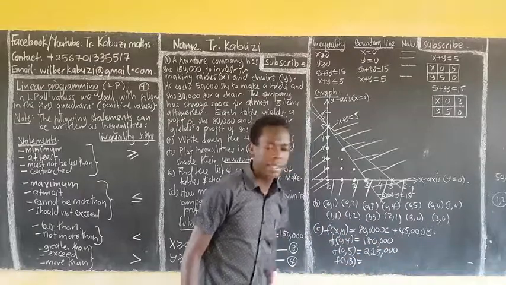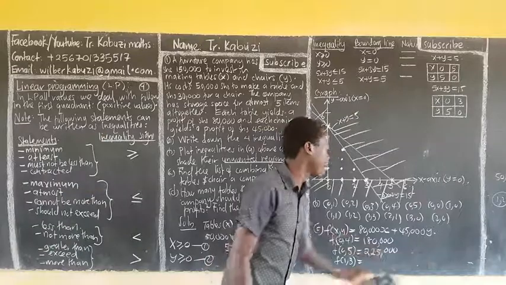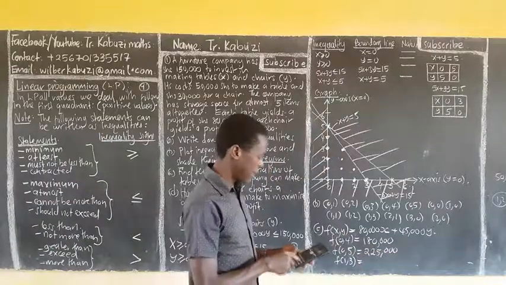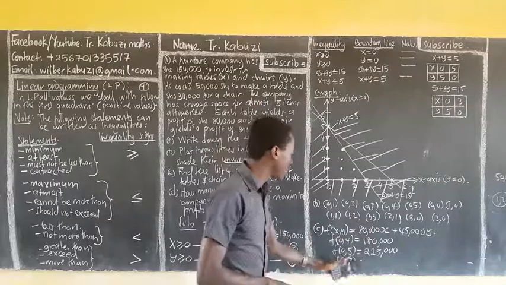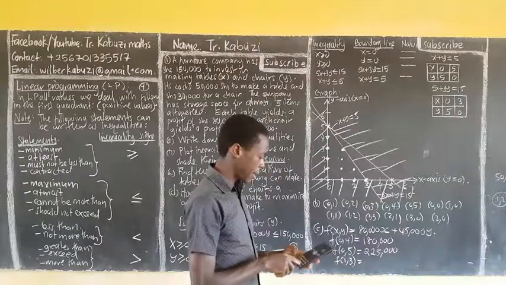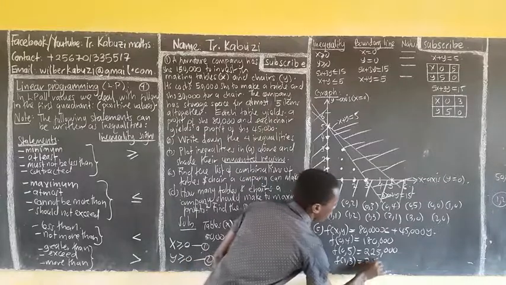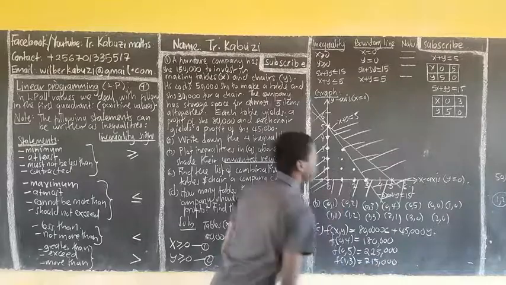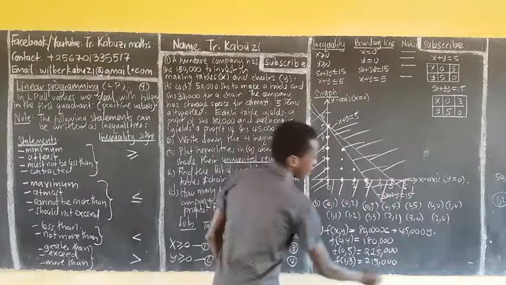I think here we get 135,000. Then plus 1 times this, we get 80,000. The value we get here is 215,000, and you see that the big value that we have is this one.